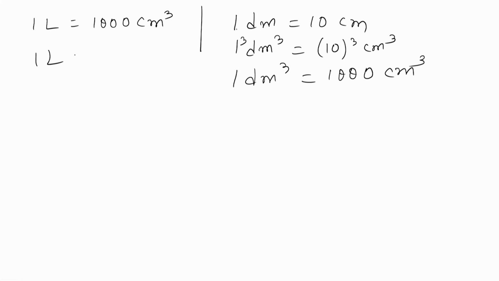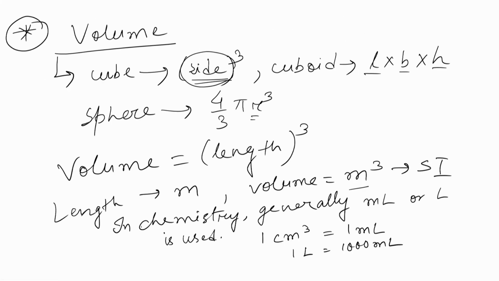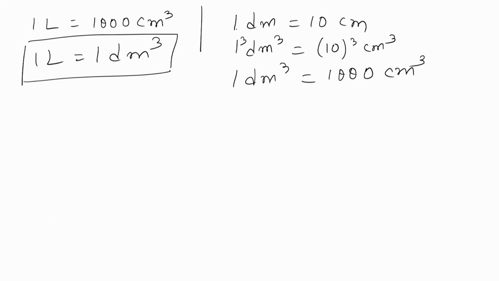So 1 liter is equal to 1 dm cube. So these are the relations between the meter and centimeter system with the liter and ml system. So these were the units of volume.